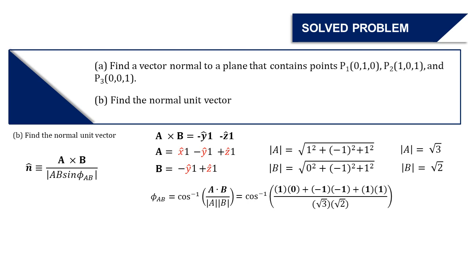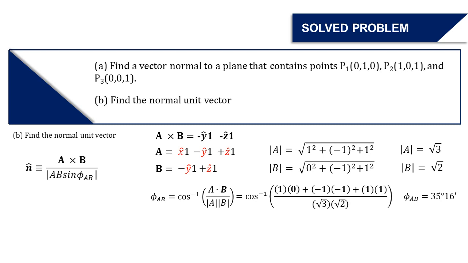So since given naman yan, pwede nating evaluate. The angle now becomes 1 times 0 plus negative 1 times negative 1 plus 1 times 1 all over the square root of 3 times the square root of 2. Therefore, yung ating angle between these two vectors is equal to 35 degrees and 16 seconds.